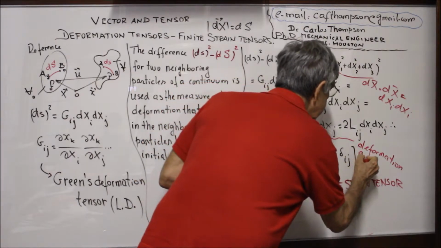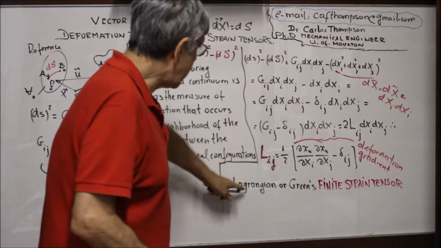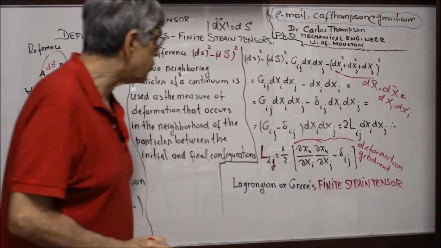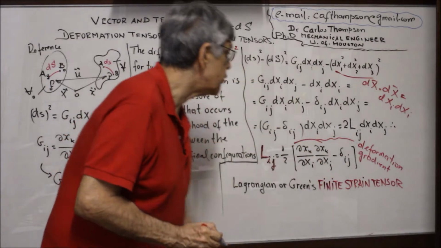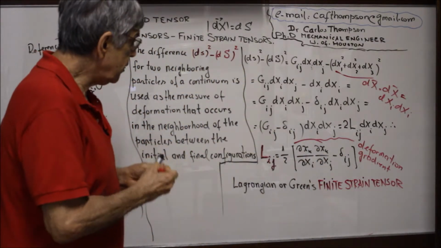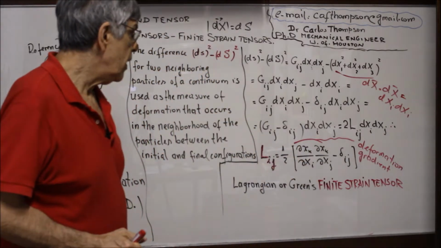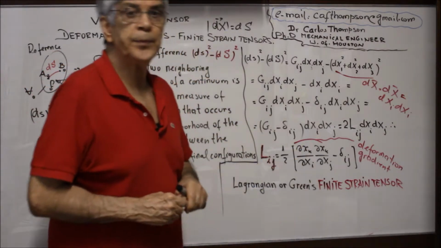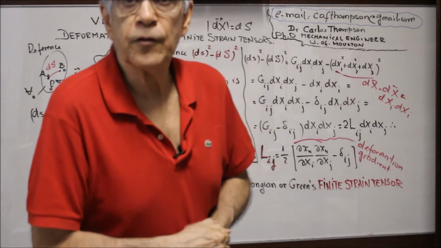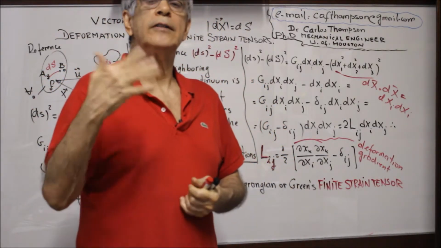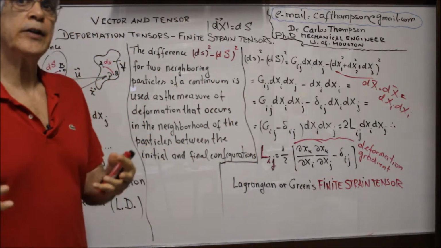This Lagrangian or Green's finite strain tensor is written in terms of the deformation gradient. Do you remember, dxk with respect to Xi? This second order tensor F is the deformation gradient.